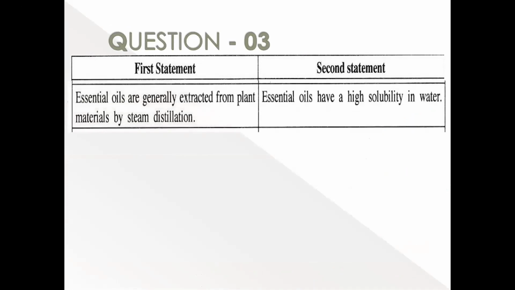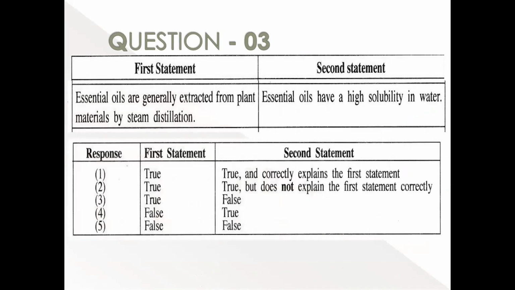Essential oils are generally extracted from plant materials by steam distillation. The second statement: essential oils have high solubility in water. Quickly you can say, we have studied this under industrial processes. Essential oils are prepared by steam distillation.